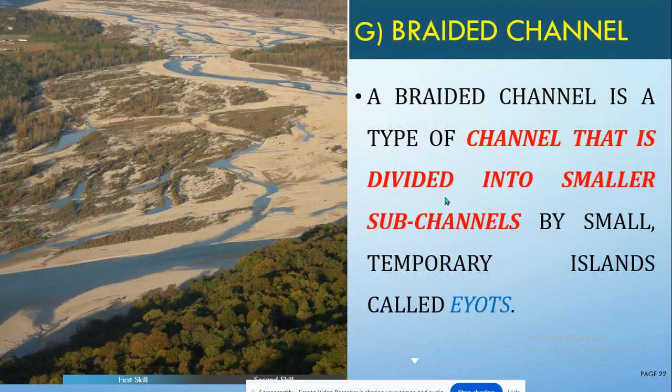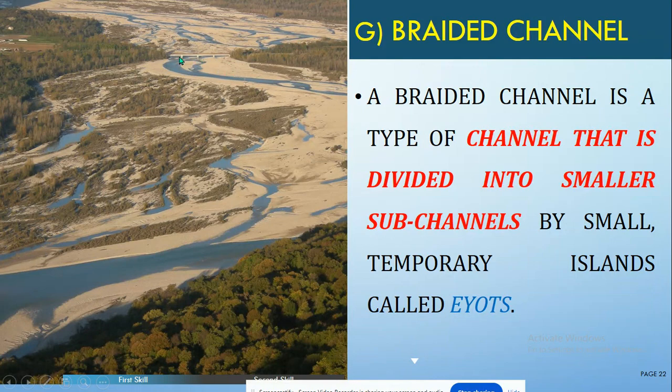And then next, we have the braided channel. A braided channel is a type of channel that is divided into small channels. This is a river in the image, and you see how many channels there are, but it's still flowing. It's not joining the main water body.